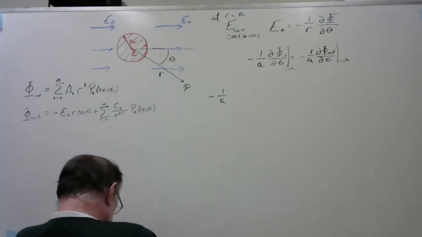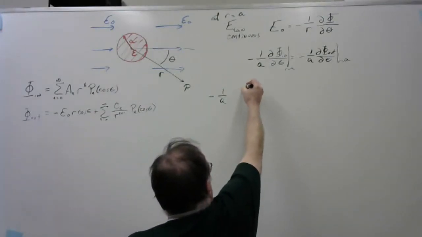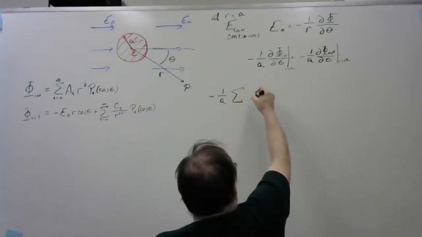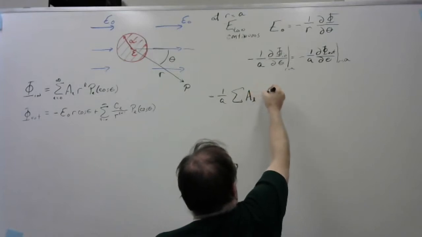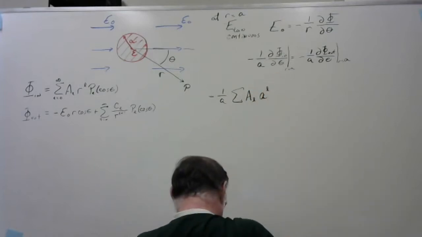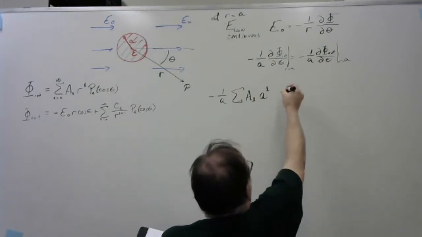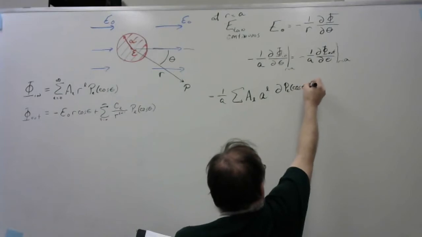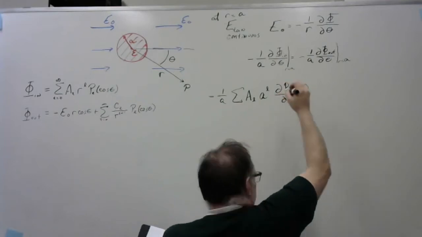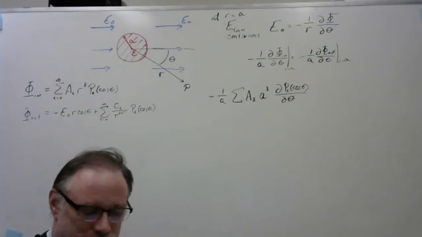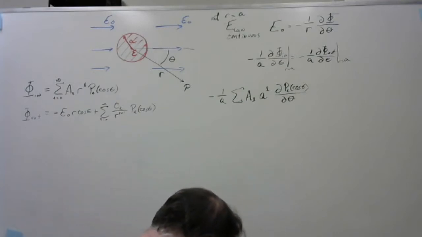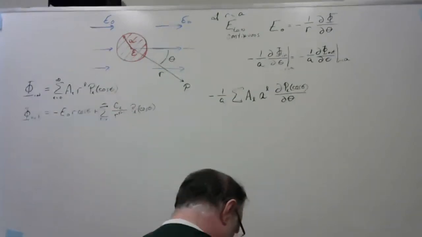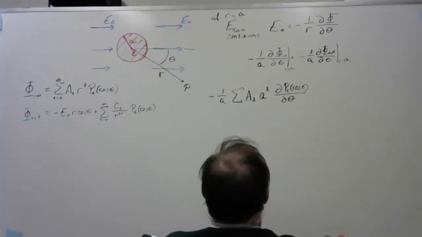And what I get is some A sub L, A to the L, of d PL cos theta d theta equals, I'm going to run out of room.